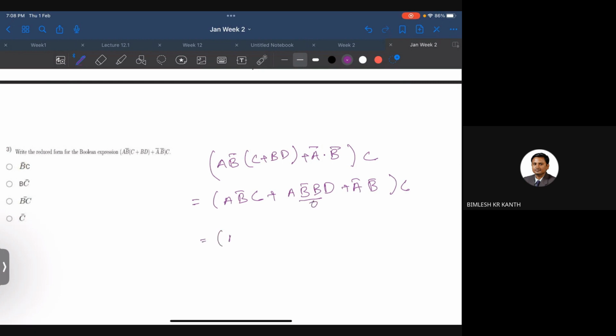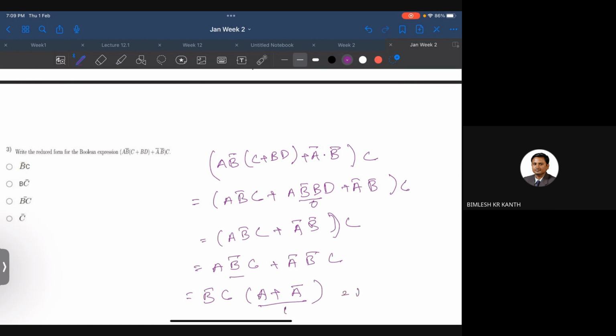So it will be a b bar c plus a bar b bar c. Now you can take b bar c common: b bar c times (a plus a bar), because c and c will be c only. So this will be 1, and it will be b bar c. So the third one will be the correct answer.